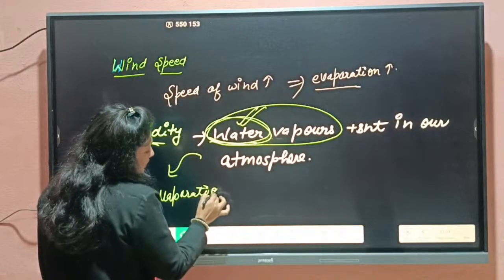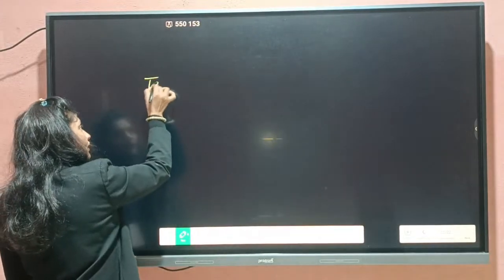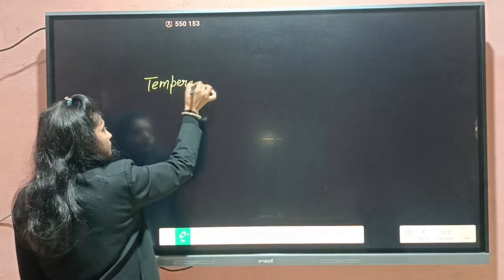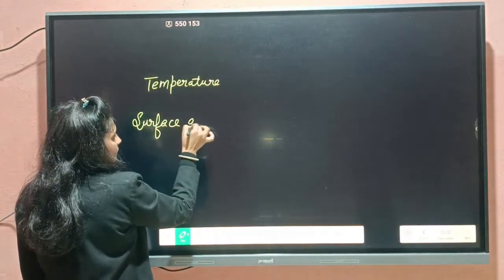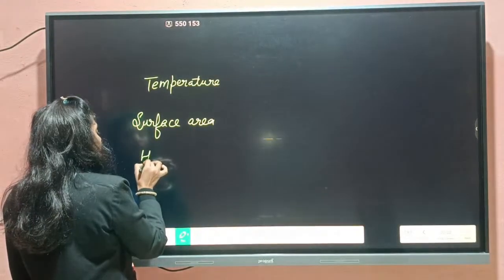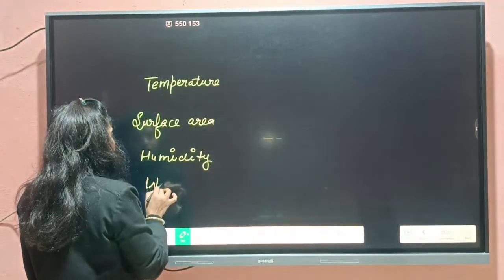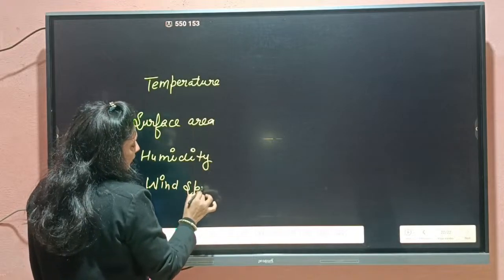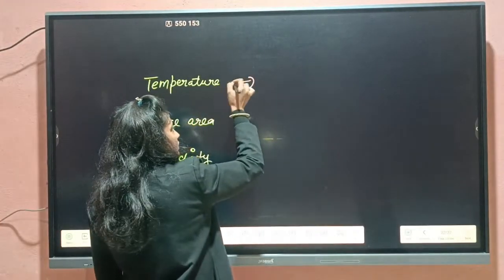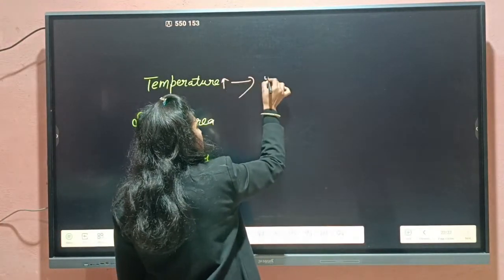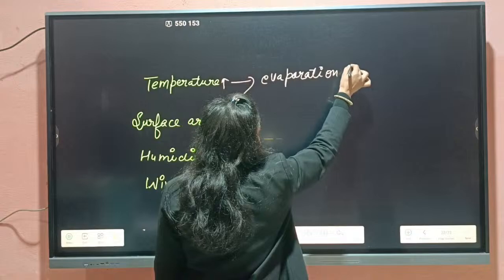So students, the factors were temperature, surface area, humidity, and wind speed. All are very common factors. If temperature increases, then evaporation also increases.